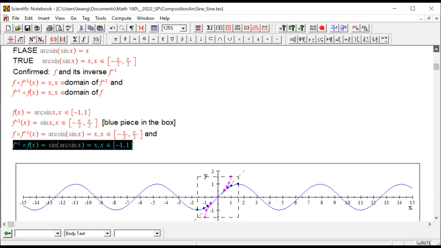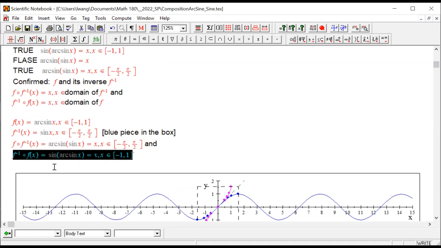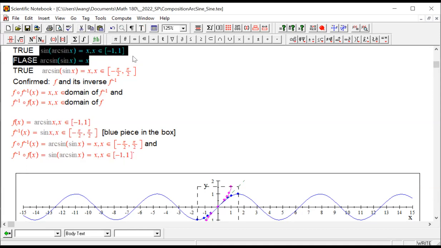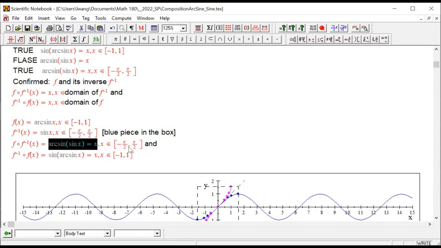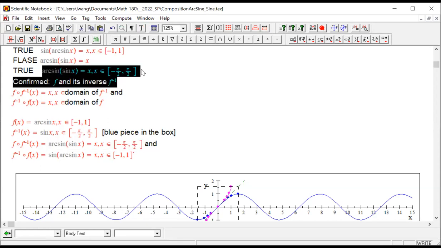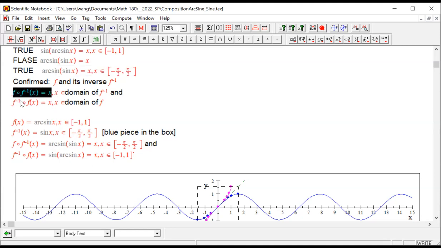So compare with that. This piece is that, these two are the same, and this piece is the other one. So we got these two true statements. You can see the consistency between a one-to-one function and its inverse. They still satisfy that property, always.